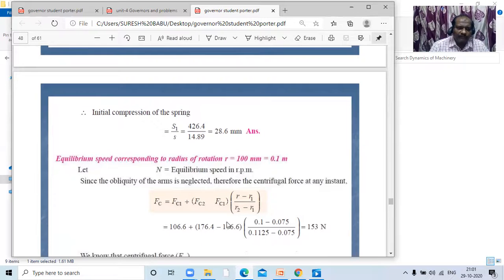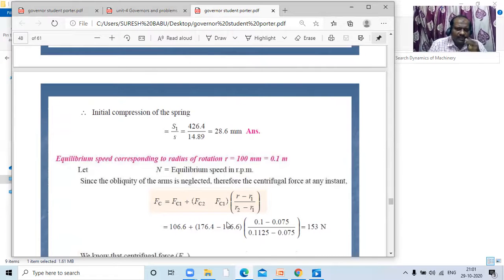in the given formula. That is, if N is equilibrium speed, Fc is equal to Fc1 plus Fc2 minus Fc1 into R minus R1 by R2 minus R1. So this formula you have to remember, students. All these parameters are known to you.